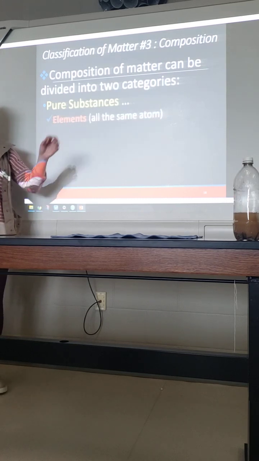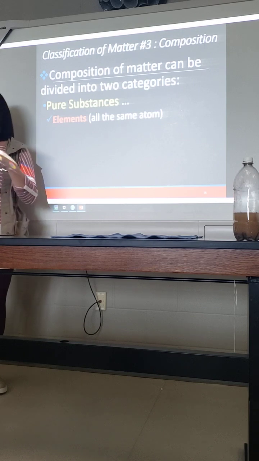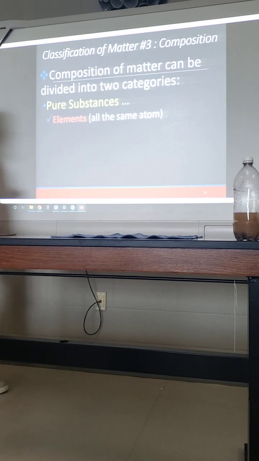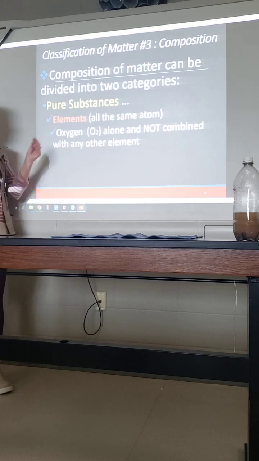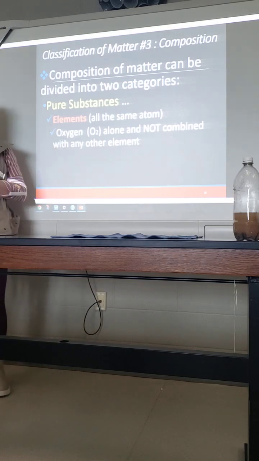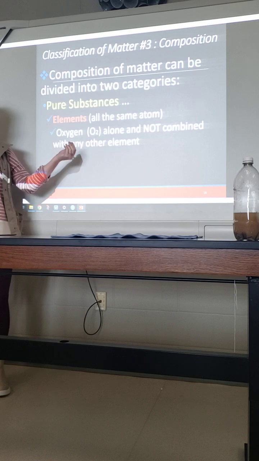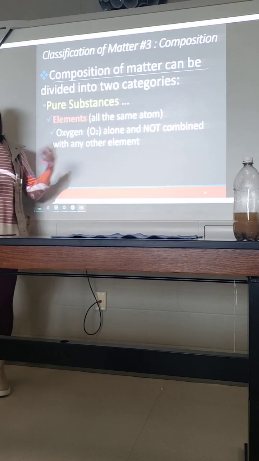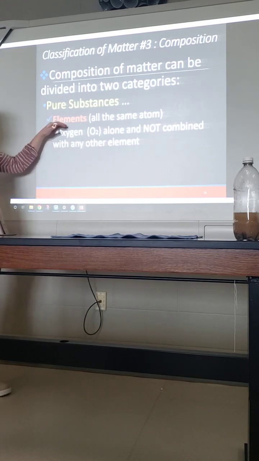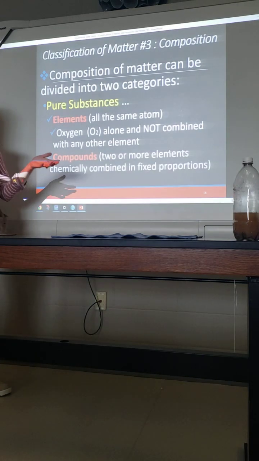So all the oxygens, all the nitrogens, all the berylliums, right? So sometimes these elements will combine where you have nothing but oxygen, nothing but nitrogen. And so we call those obviously our elements, and those are considered to be pure. They're not mixed with anything else.